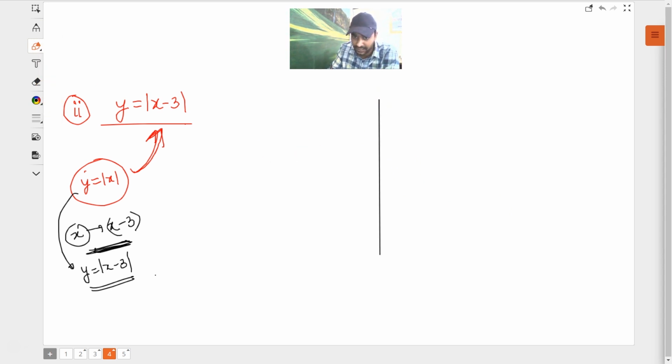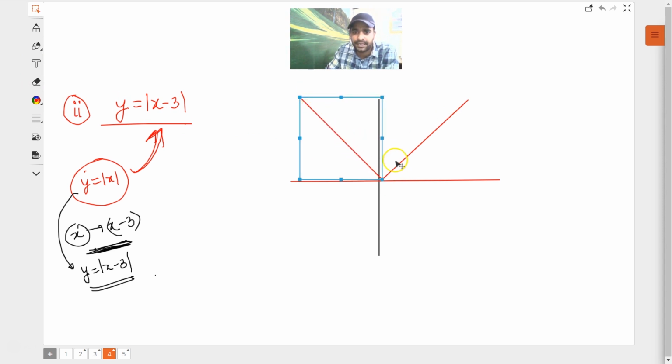तो फर्स्ट वी विल ड्रॉ द ग्राफ ऑफ y is equal to mod x which we know comes out to be like this, right or not? Which will come out to be like this. Quickly बताओ मेरे को, इतना क्लियर है कि नहीं है? थोड़ा सा ग्राफ को इधर लेके जाते हैं, सही जगह प्लेस नहीं हुआ, हो गया अभी.